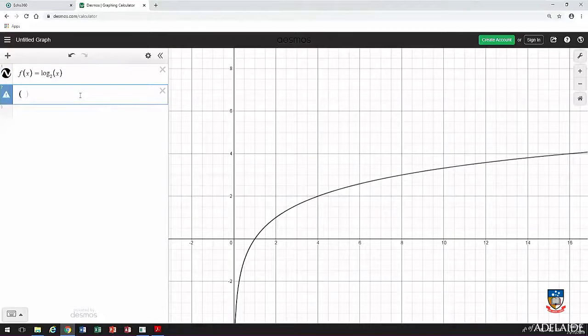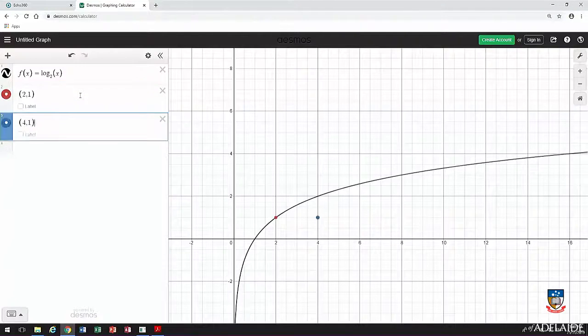So it was at 2, 1. And then it was at 4, 2. And then we times 2 again, but we only add 1, and it's up there. And so it takes longer and longer and longer to go up by 1 each time.